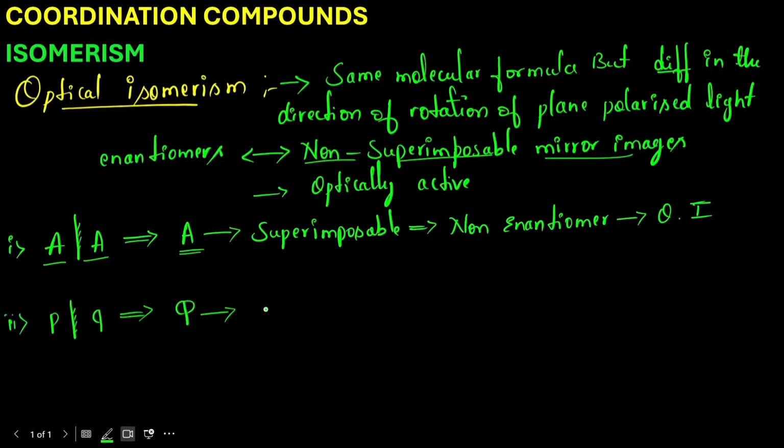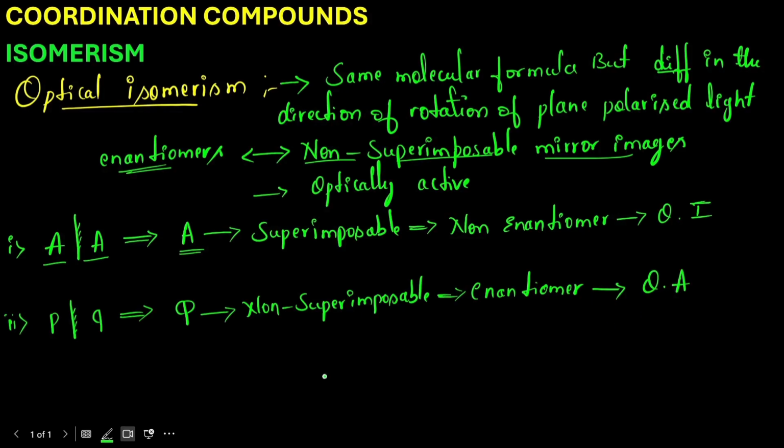So this is nothing but a non-superimposable mirror image. That means non-superimposable mirror images are called enantiomers, which are optically active.